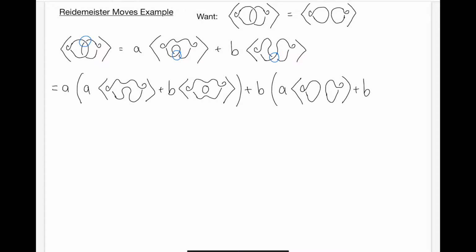And then with B, we go along the top strain and we turn to the right, so we get this big unknot with two loops on the left and the right.